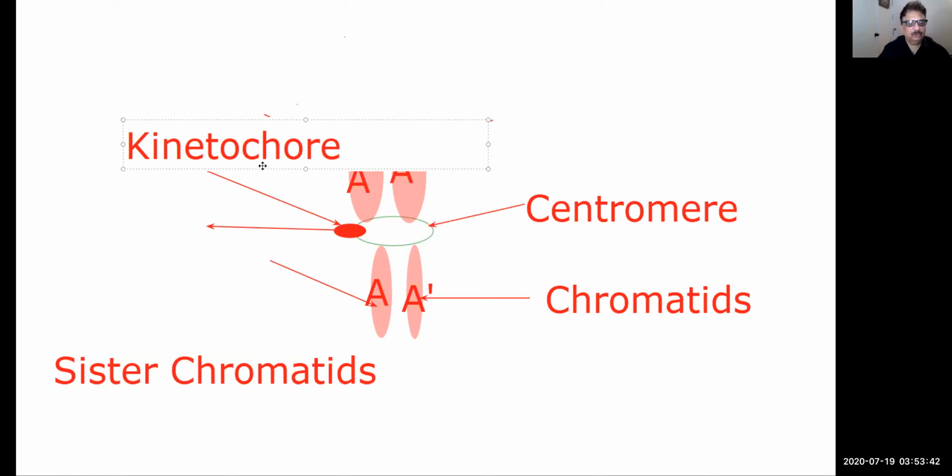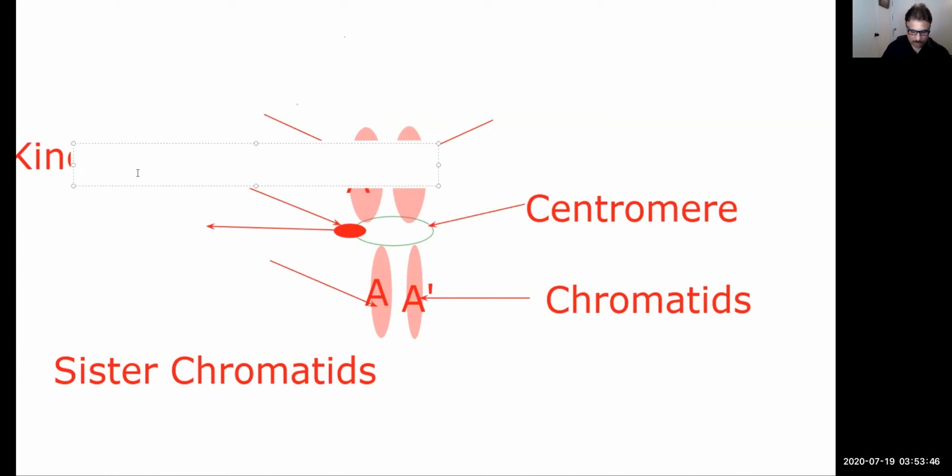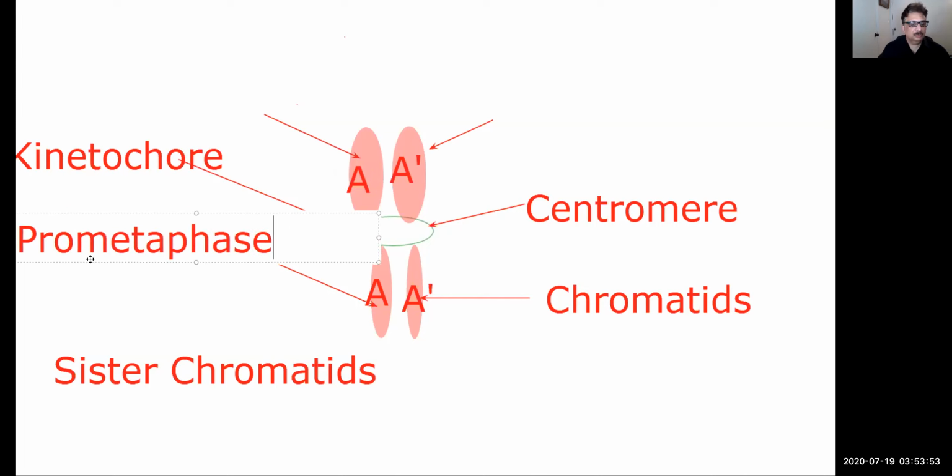In what context are we talking here? We are talking about the phase pro-metaphase. In pro-metaphase, the nucleus has almost disappeared, and centrioles occupy the north pole and south pole. Spindle fibers go and attach to the centromere through a structure called the kinetochore, right?